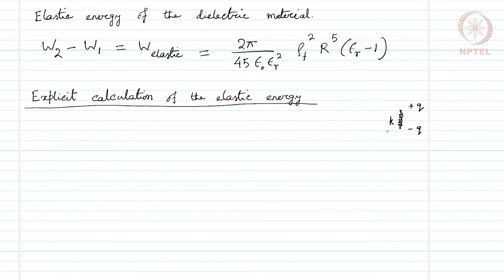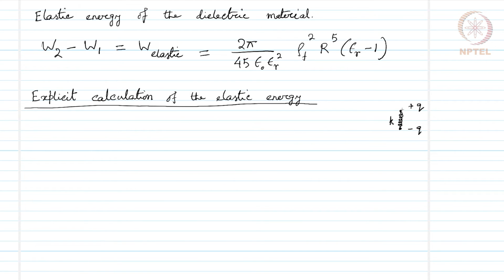If we assume that one end of each dipole is nailed in its position, let us say this negative charge is fixed, it cannot move, only the positive charge can move. Or we can assume the other way around, that the positive charge is nailed, it cannot move like the nucleus of an atom, only the negative charge cloud can move like the electron cloud of an atom.